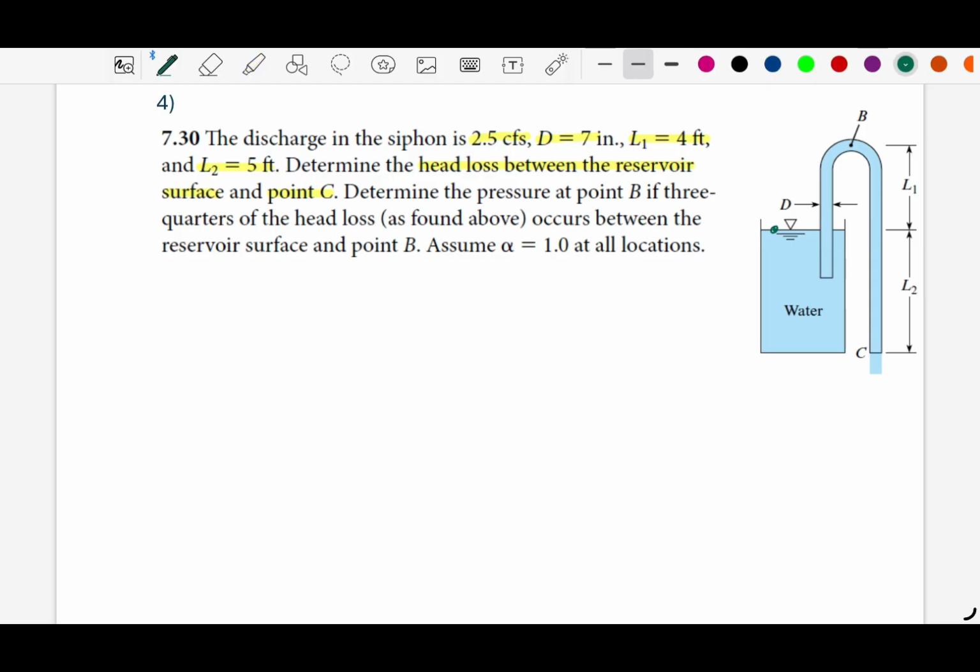So let me write, let's say this is 1 and here's outlet C. And we need to find the pressure at point B if 3/4 of the head loss occurs between the reservoir surface and point B. So this means we have a head loss for the entire system, but 3/4 of the head loss is happening between these 2 points.